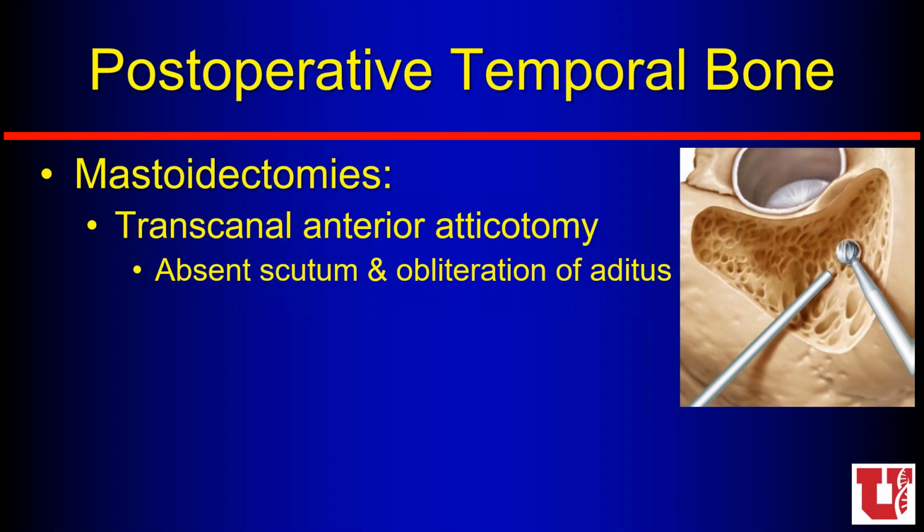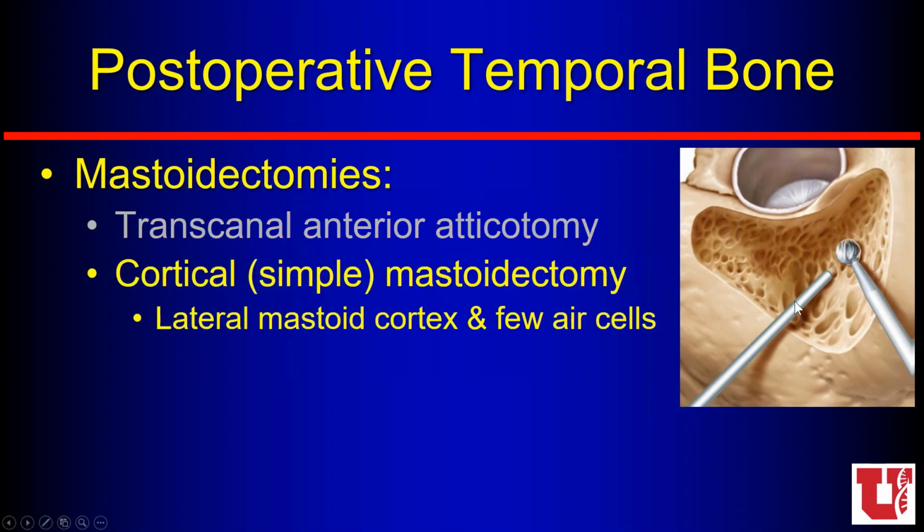Next, we have a cortical or simple mastoidectomy. If we just resect some of the lateral mastoid air cells, that's going to be a cortical mastoidectomy. So everything else will be intact. We still see our ossicles. The external auditory canal in these cases usually is not disrupted, and we haven't breached the middle ear cavity itself with a cortical mastoidectomy.